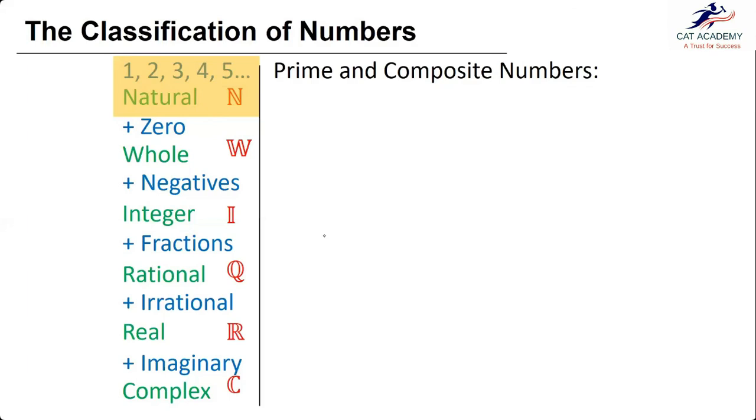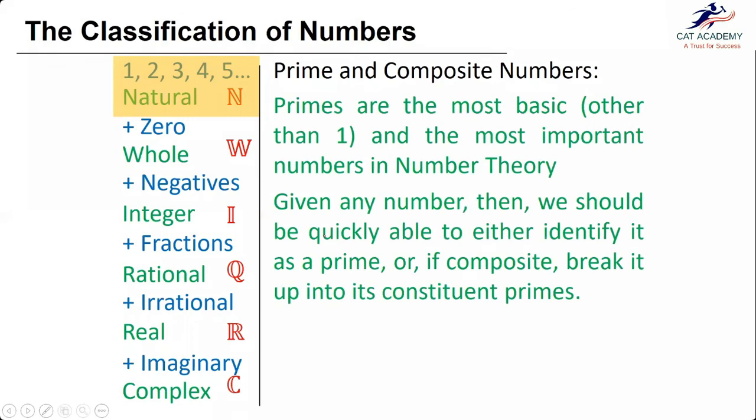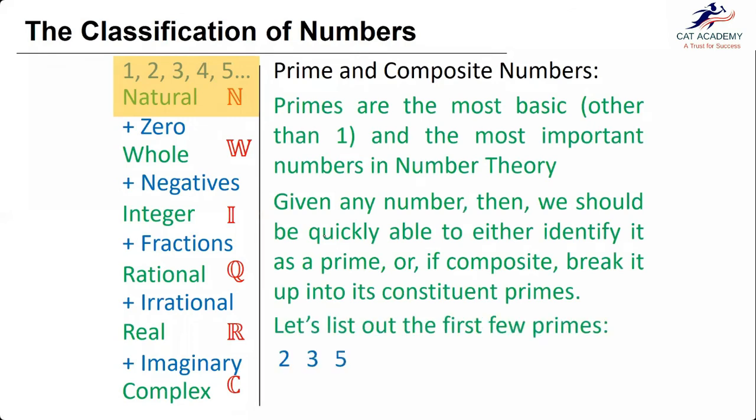Let's list them down. So it's like 2, 3, 5, 7, 11, 13, 17, 19, 23, 29. After this, let's count together.